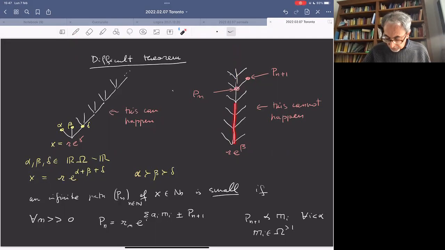But if you arrive here and then you keep going right, then you are following the smallest path. So the theorem says that every infinite path is eventually a small path.